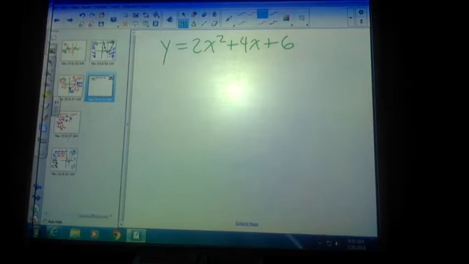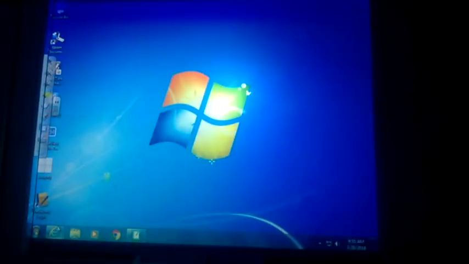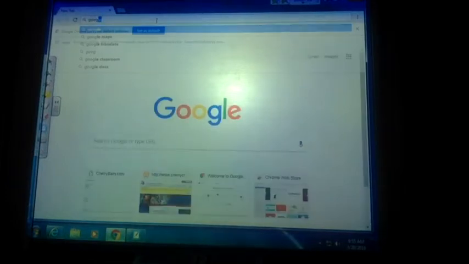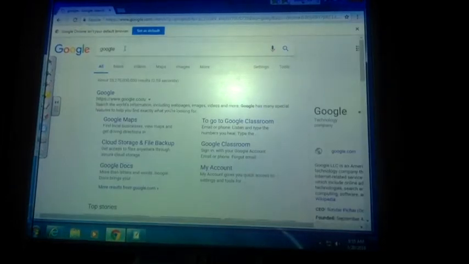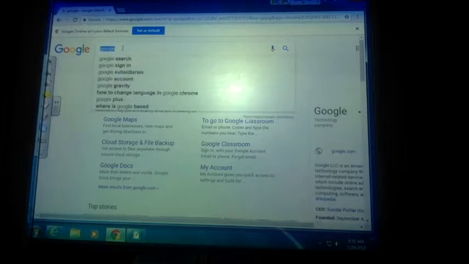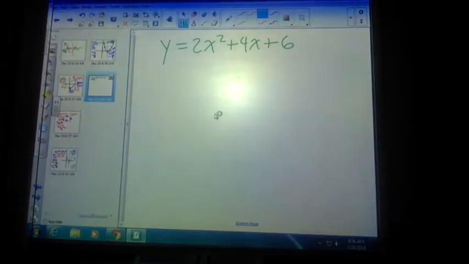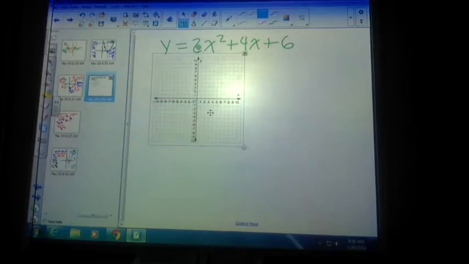Let's see if I can grab some real quick. Let's see if this is going to work. That looks like a good one. Will you let me copy image? Will you let me paste image? Yes. It worked.